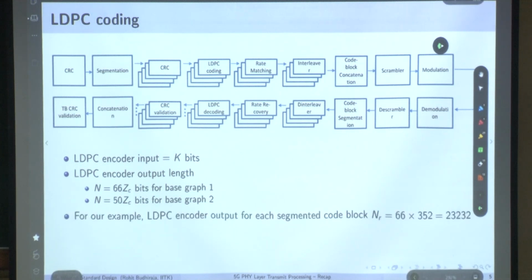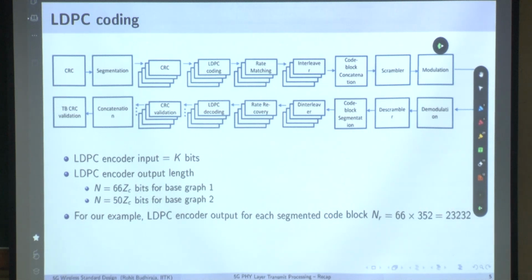So in our case, the LDPC encoder input is k, output is n. I am writing N_r because we are looking at the rth code block. So 66 into 352, that is 23232.